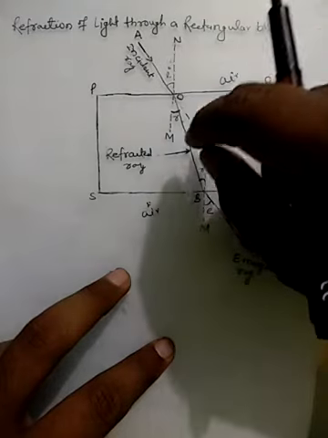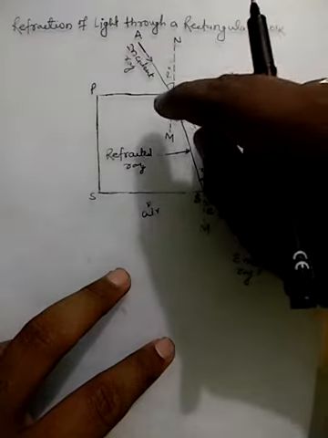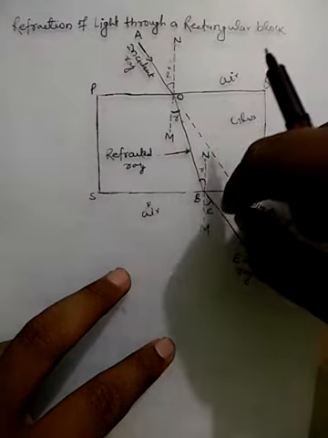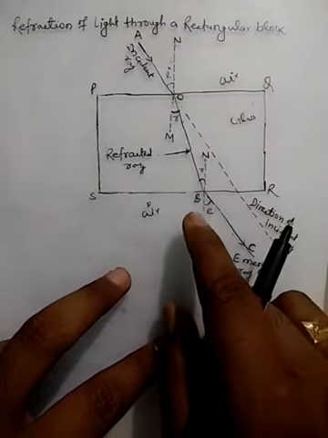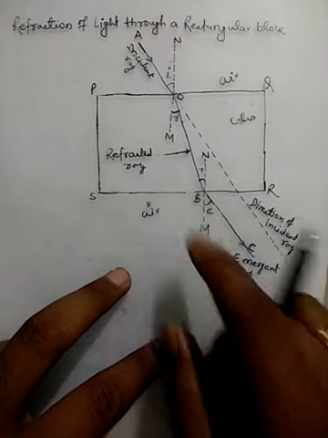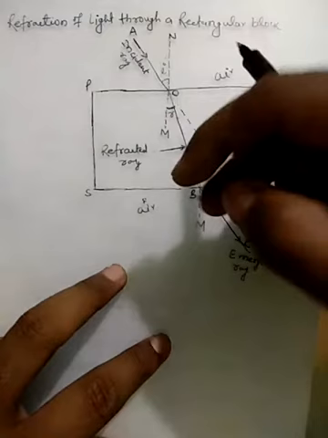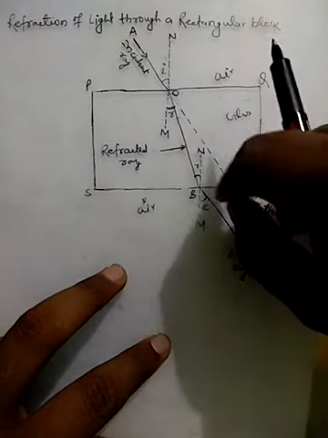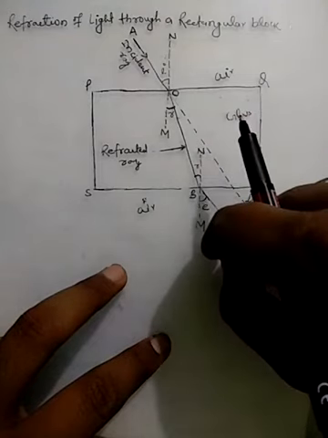During the movement of light rays in glass, it follows a straight line. Therefore, OB is a straight line, and at point B it is again refracted and passes from glass to air.